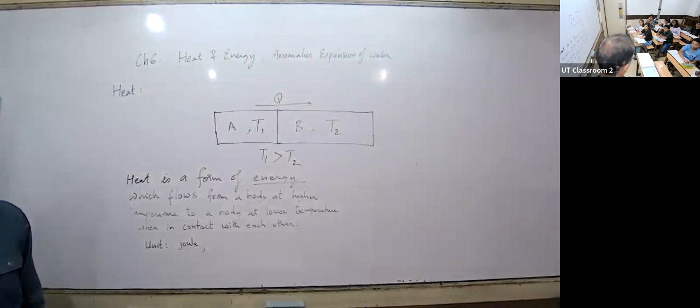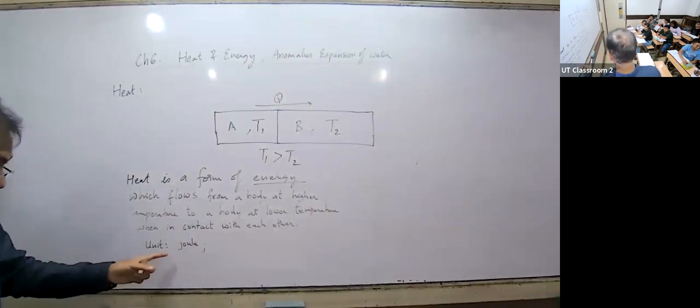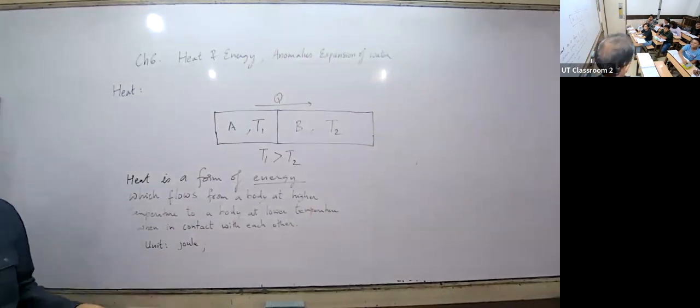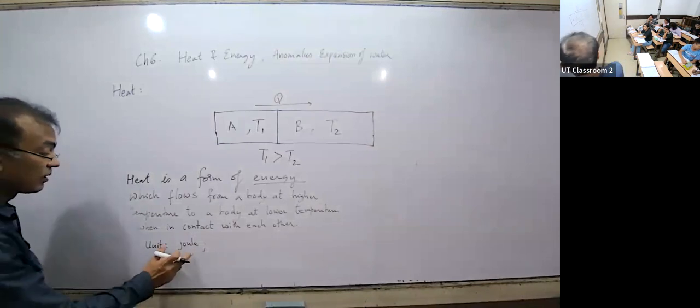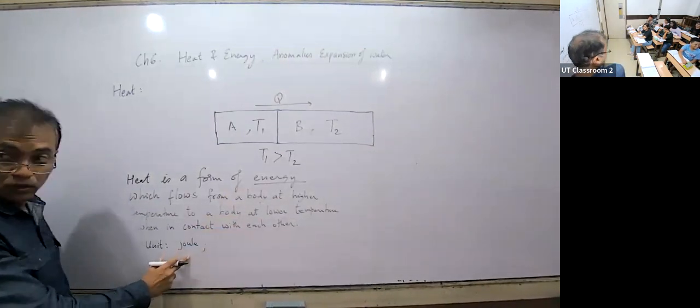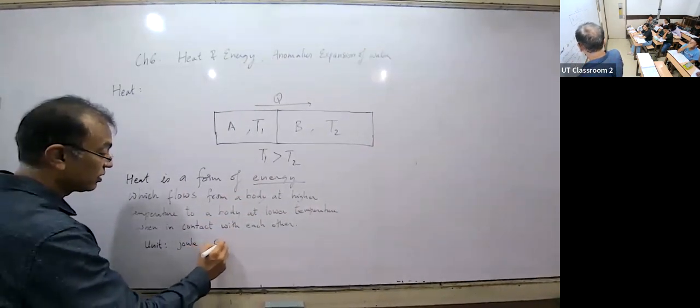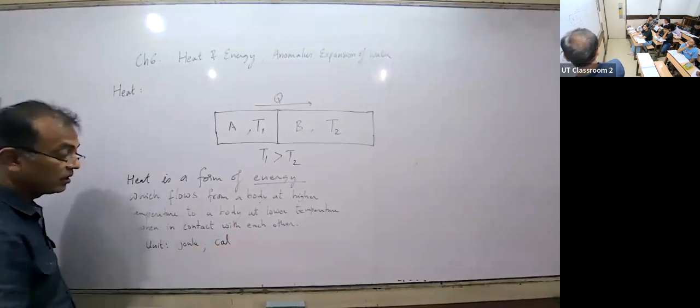Kilowatt is power, and power into time is energy. Then in the atomic world, we have electron volt. So such different energy units are there. Ultimately, all of them can be converted back into joule.